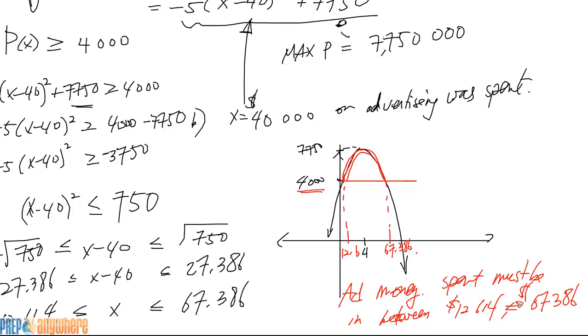So we need to spend between these two amounts to get a minimum of $4 million in profit.